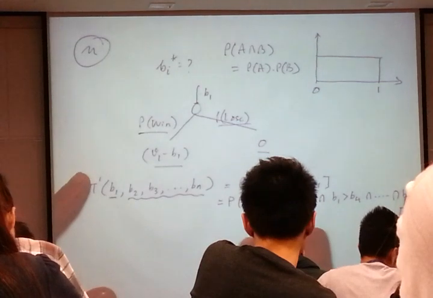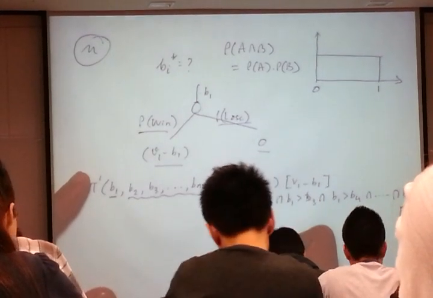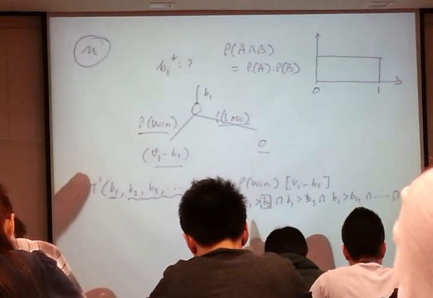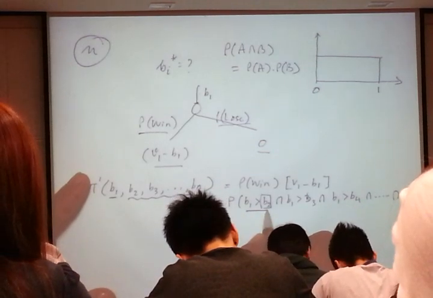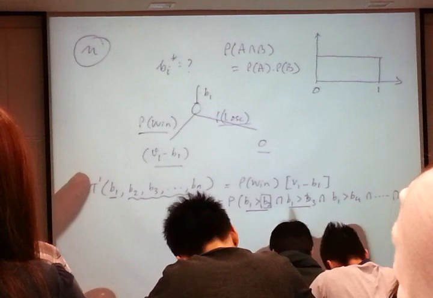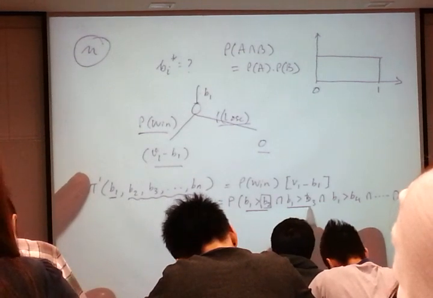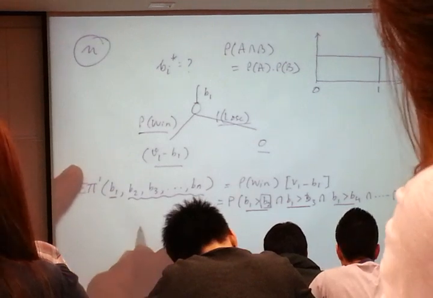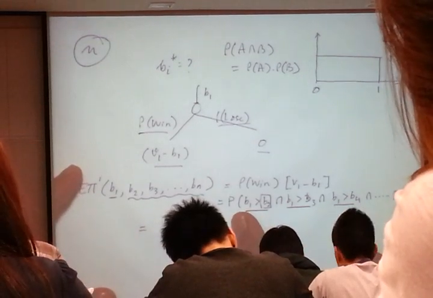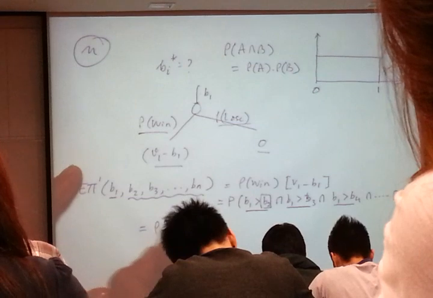So, if bidders' valuations are independent, bidders' bids will also be independent. Therefore, whether my bid is greater than bidder 2's bid is independent of whether my bid is greater than bidder 3's bid, or bidder 4's bid, or bidder n's. That allows me to break down this complex looking inequality into simpler terms.